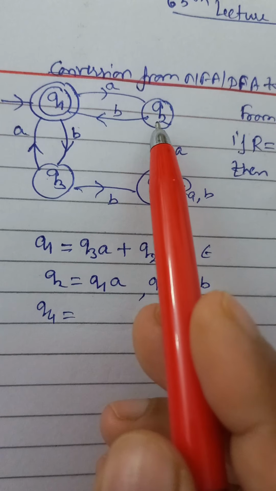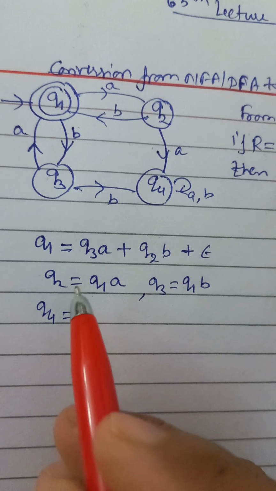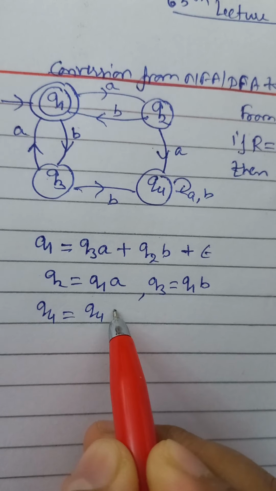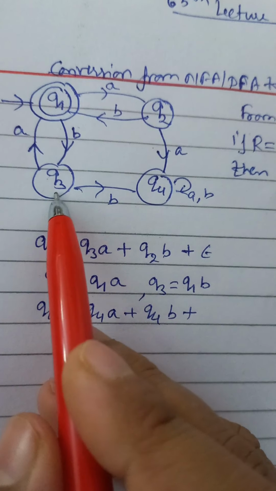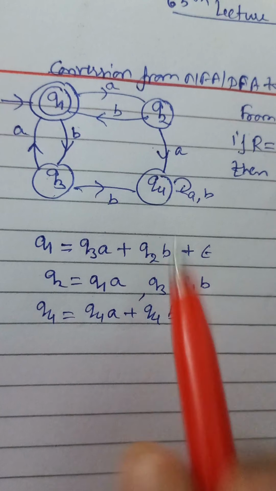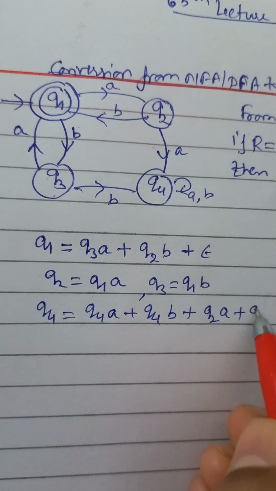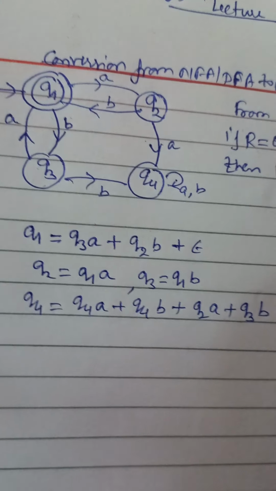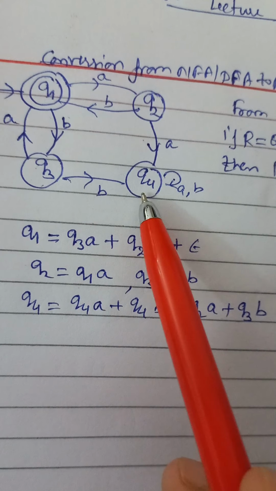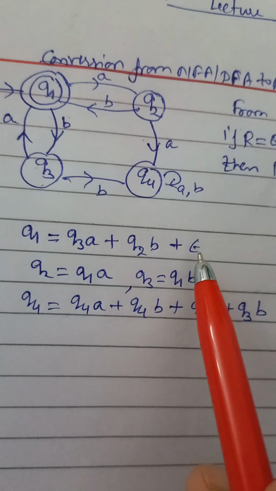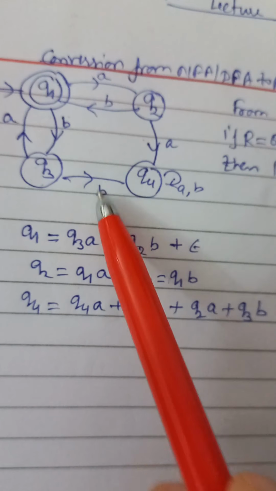Q4 will be Q4A plus Q4B plus Q2A plus Q3B. Q4A, Q4B, Q2A, Q3B. So now we have all the equations for all the states of this machine.